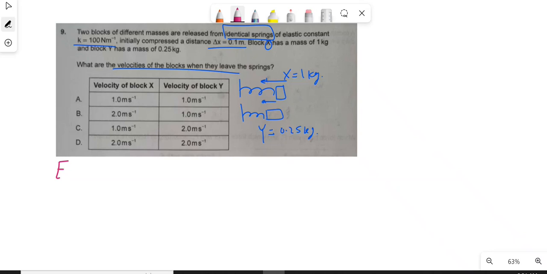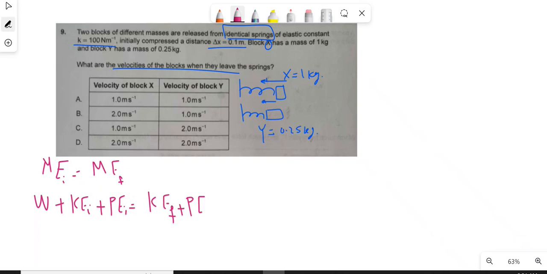The initial mechanical energy will equal the final mechanical energy. The general formula is the work applied plus the kinetic energy initial plus the potential energy initial equals kinetic energy final plus potential energy final plus the energy lost due to friction.